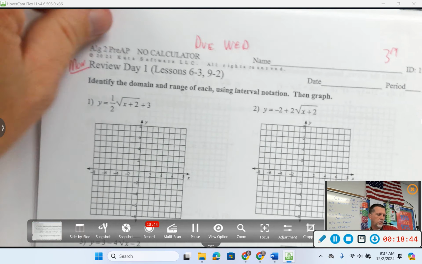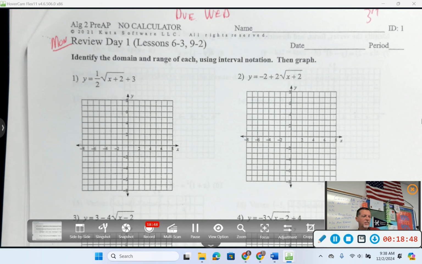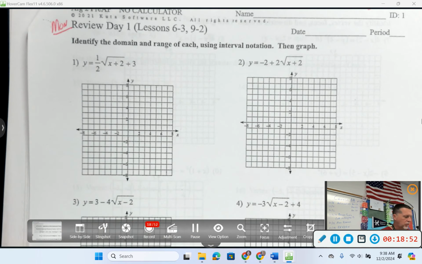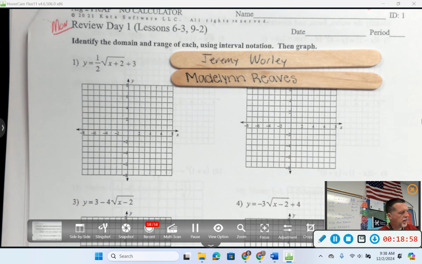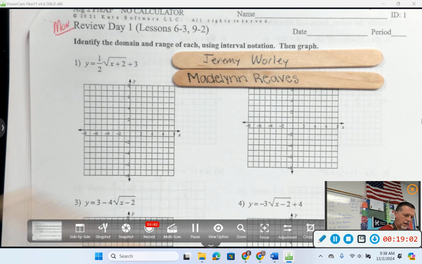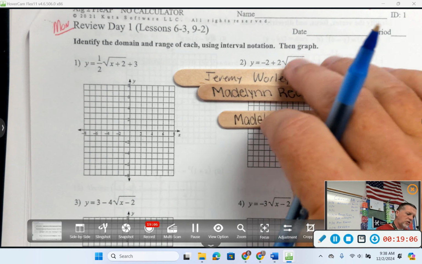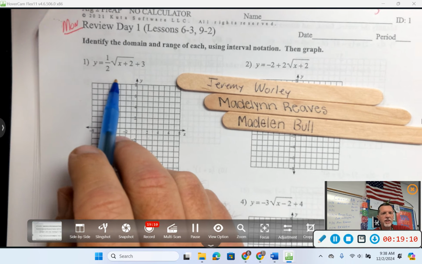So let's turn to today's review. And let's just do that first one, because it's been a while since we graphed a square root function. Man, I might get through everybody today. Jeremy, tell me something that's been changed from the original, from the parent function to get to number 1.